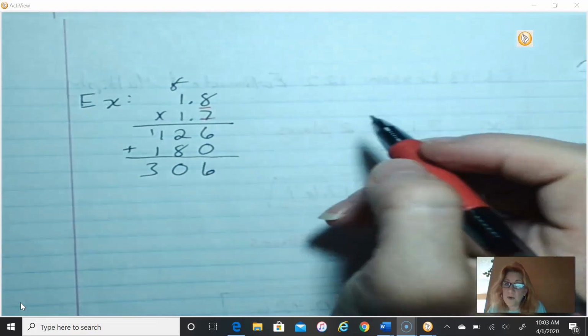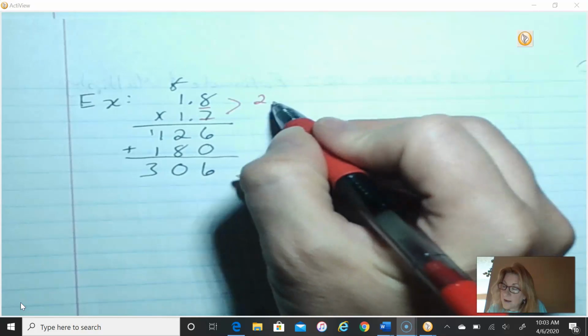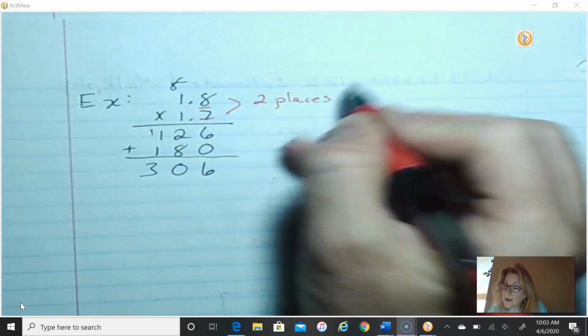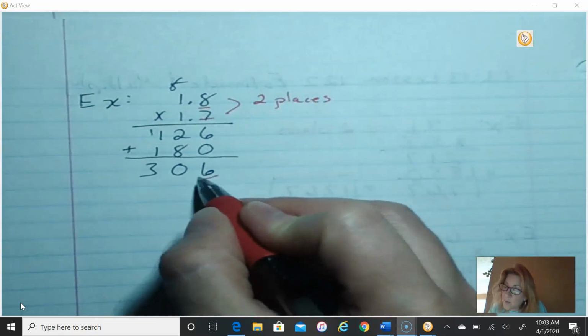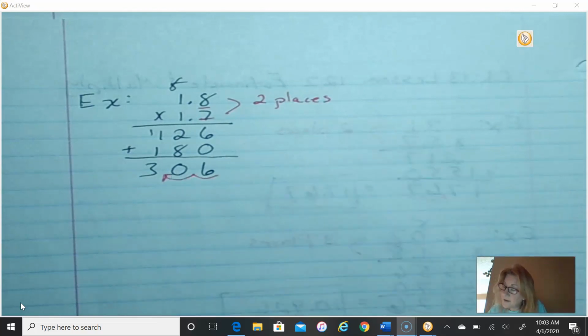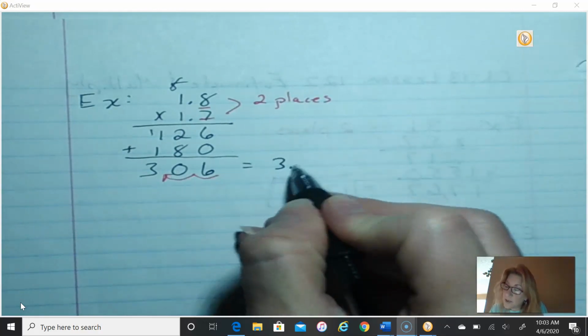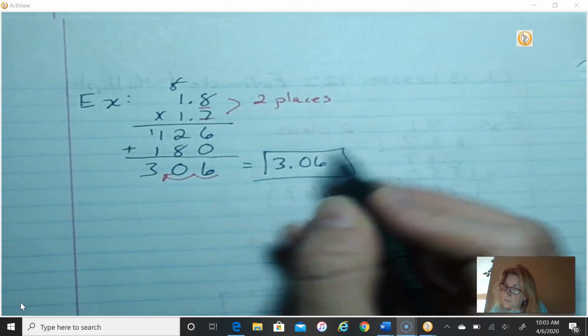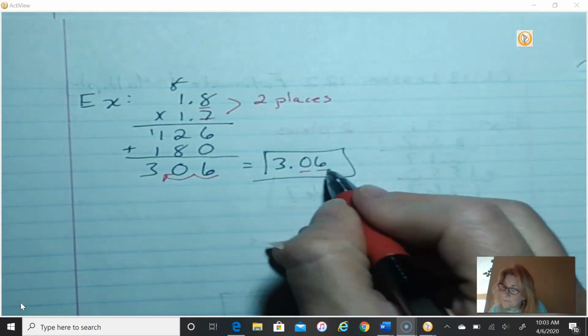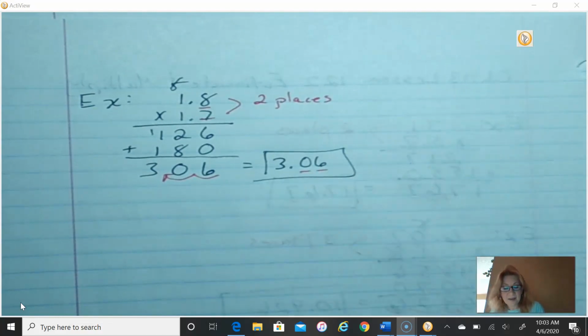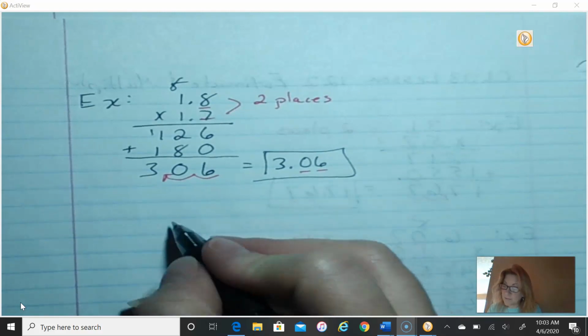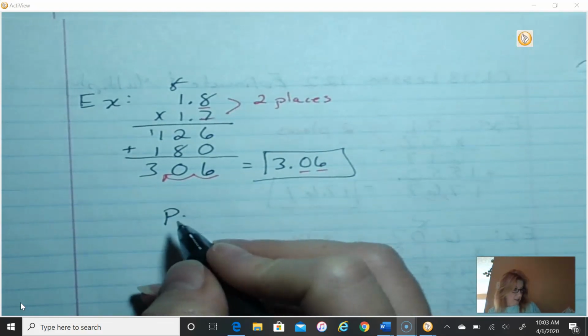There's 2 total places in the problem behind the decimal. So then 1, 2. So we get 3.06. There you go. I think you guys got it. We don't beat dead horses, but I think you've had plenty of examples.